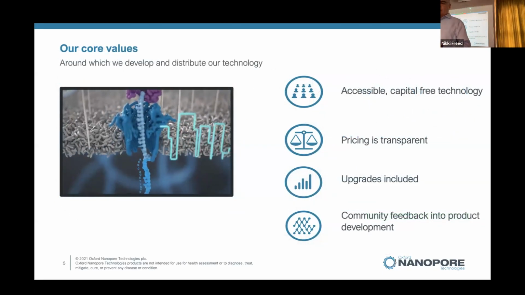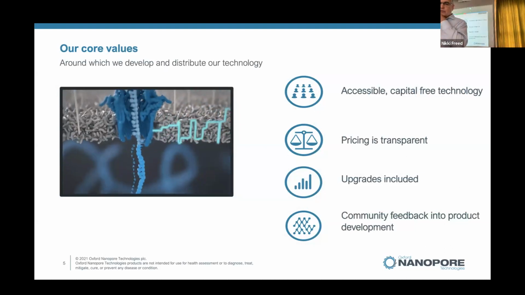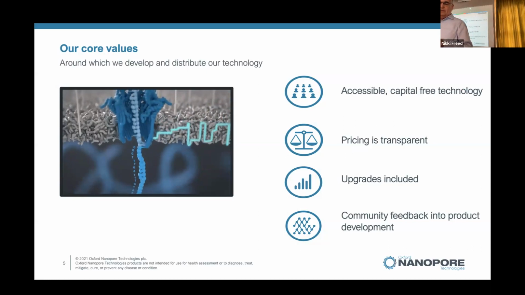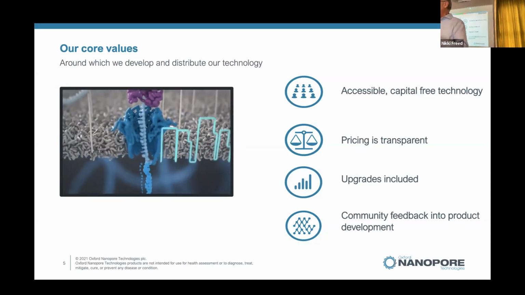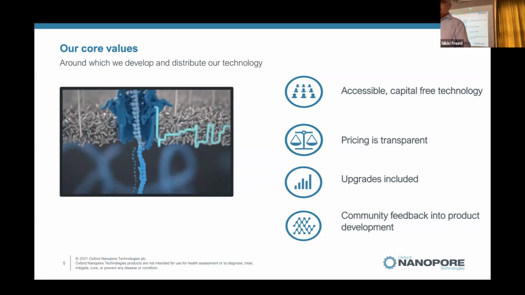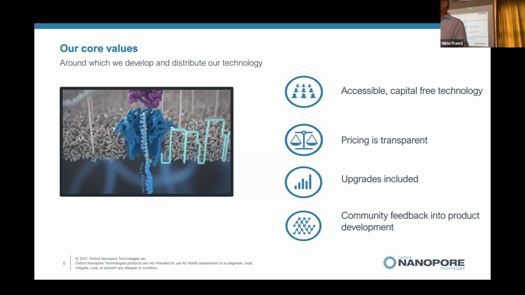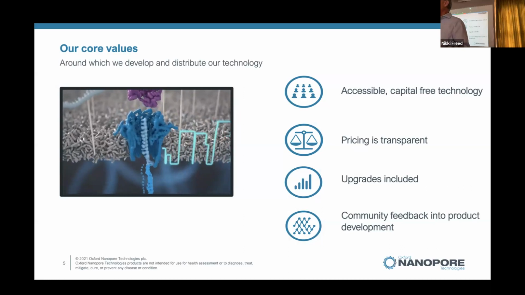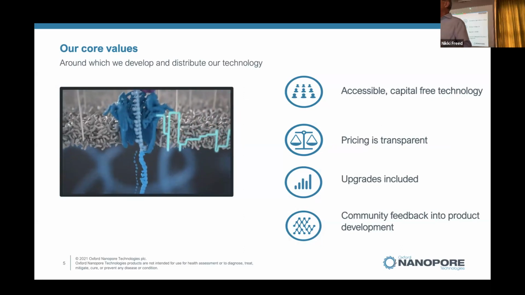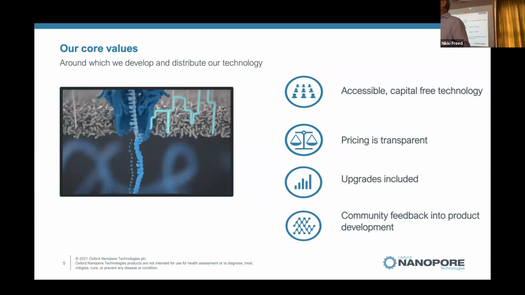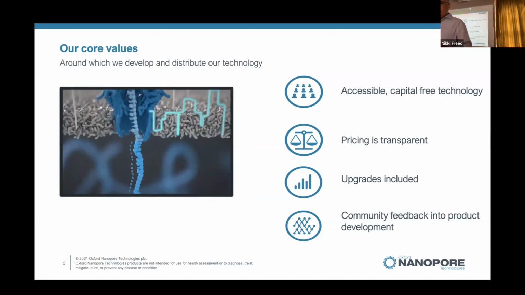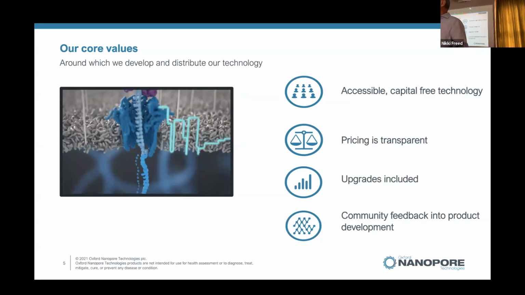I really like this slide, and I brought this slide back into use, and it's with some pride. It's now in most of our decks that are used for public facing. It was originally for investors. To explain that Nanopore is a little bit different in the way we do things, and if you don't understand that, it might be a little bit frustrating. And there's 4 areas. So I've already said accessible, capital free.